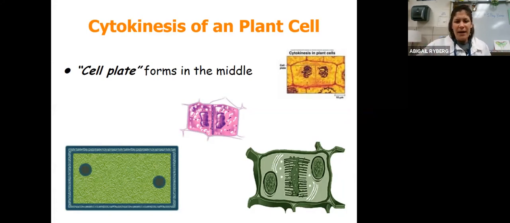So even in this purple picture here in the middle, you can see the new cell wall right here. Obviously that new cell wall is going to be pretty thin initially, so it'll take a little bit of time to actually develop into the thickness of a regular cell wall.